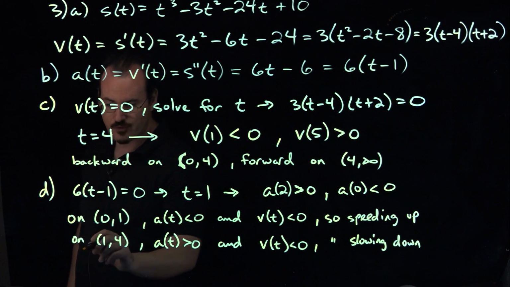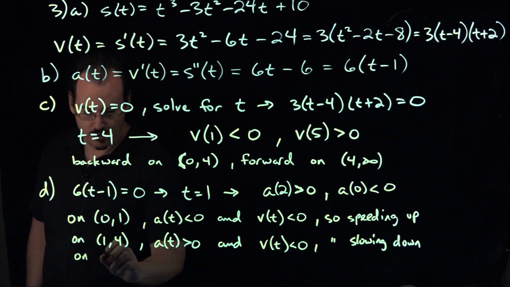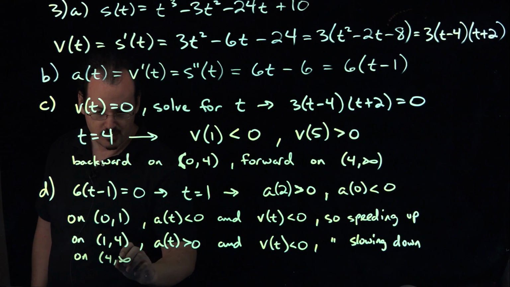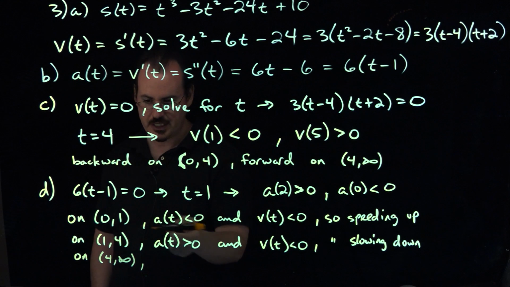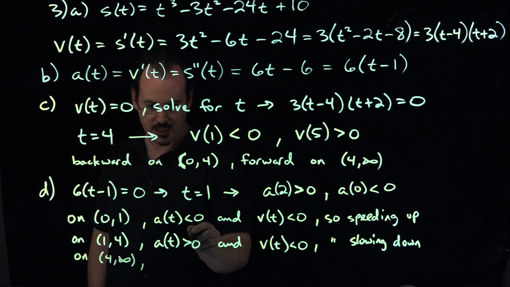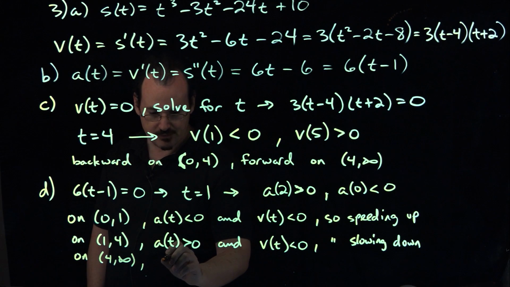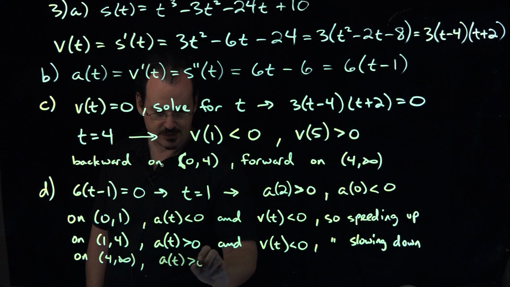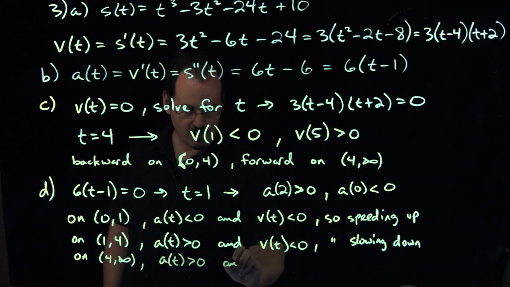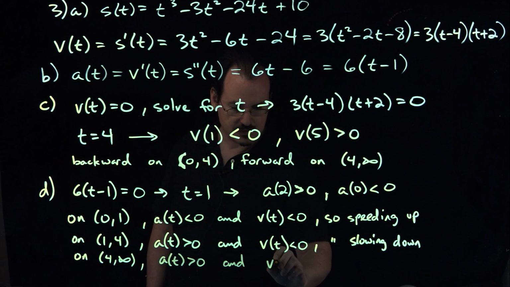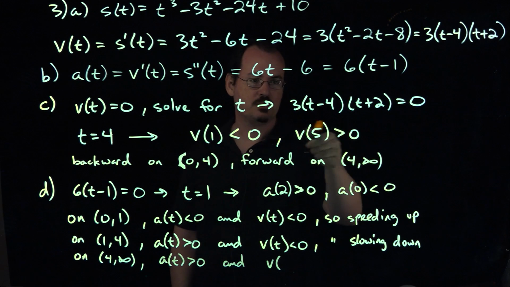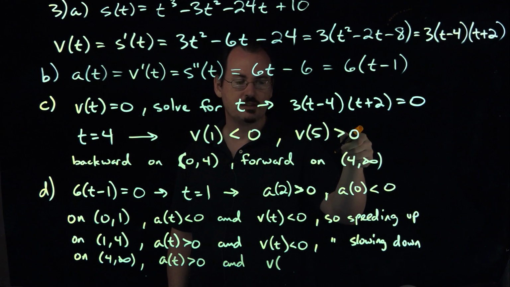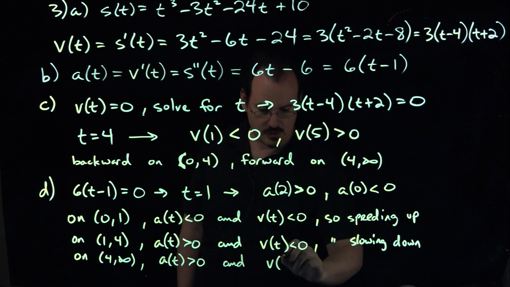Okay, so on the final interval, after 4, what is it doing? The acceleration hasn't changed. It's still positive. In fact, it's positive for all numbers after t equals 1. But now, after time 4, the velocity has switched again. We said that after 4, the velocity was positive.